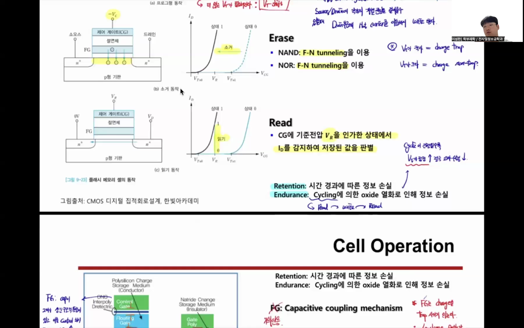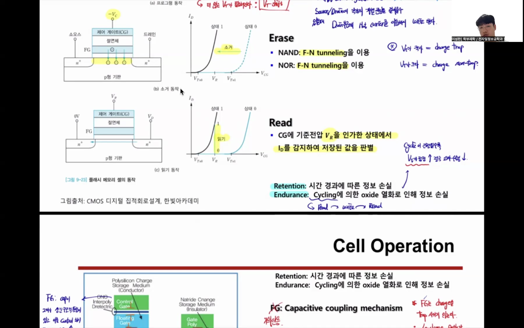When we do this many times, the oxide or other parts keep breaking down, so it gives a higher threshold voltage shift, and the device becomes breakable.